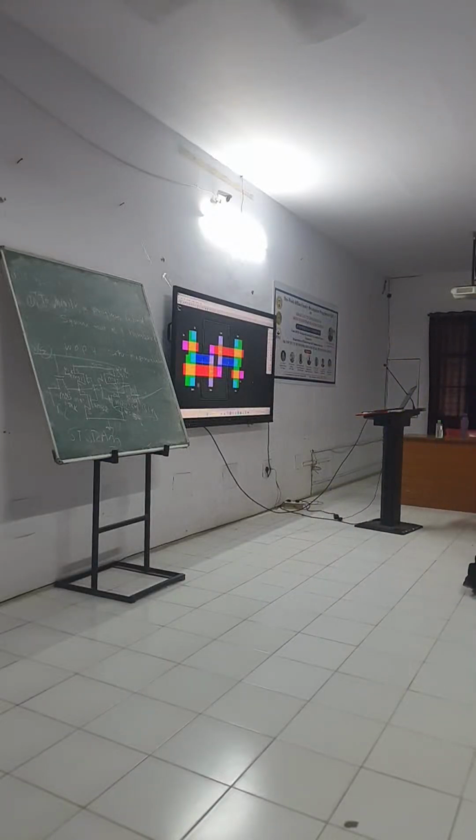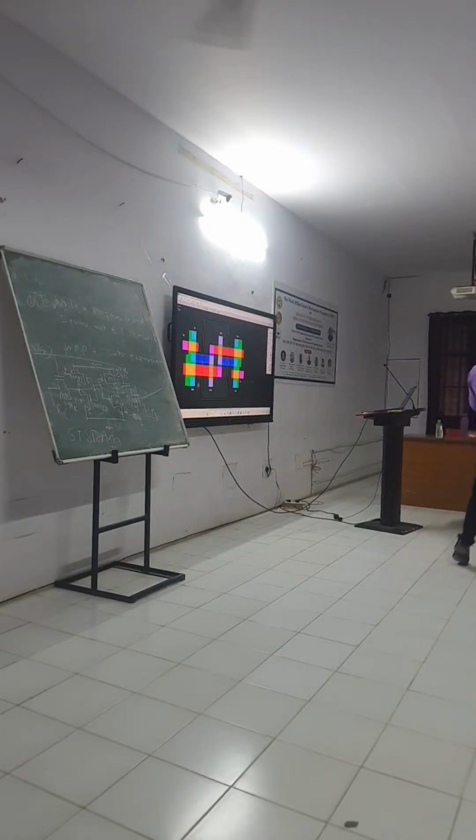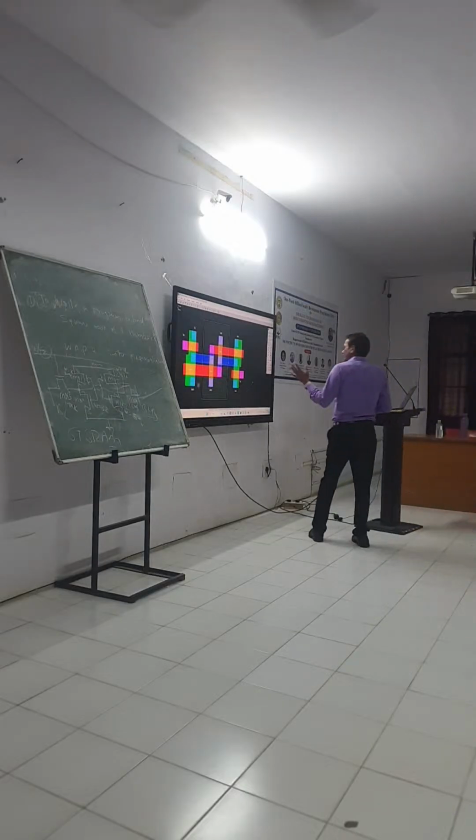Each layer's width is fixed, so you have to take accordingly. Spacing should also be proper. If you are taking it closer, then in the circuit there may be a short circuit or your circuit will be damaged. If you are taking too much space, the error will not come, but area will be more. So that is an area problem, and we have to follow that rule in design.